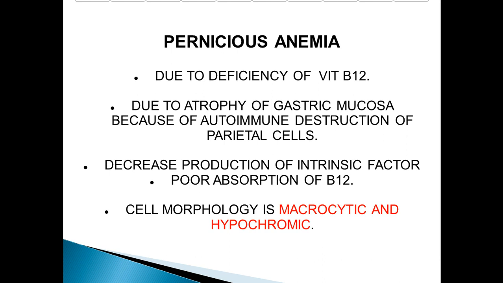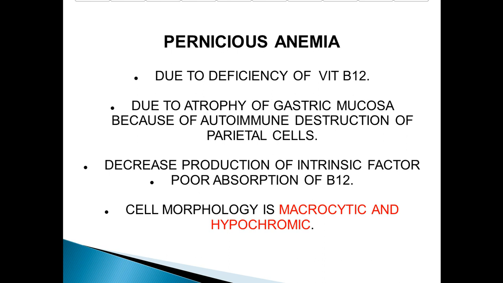It combines with vitamin B12 and allows its absorption at the level of the ileum. So when intrinsic factor is in less amount, less absorption of vitamin B12 occurs, so there becomes a deficiency of vitamin B12 in the bloodstream.